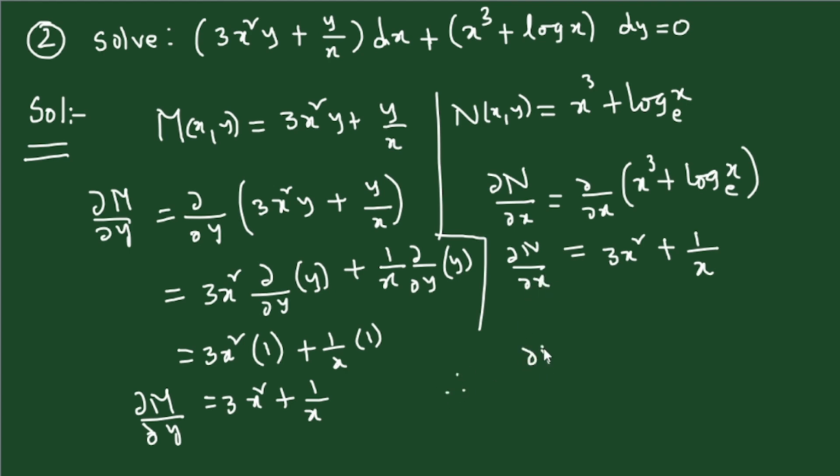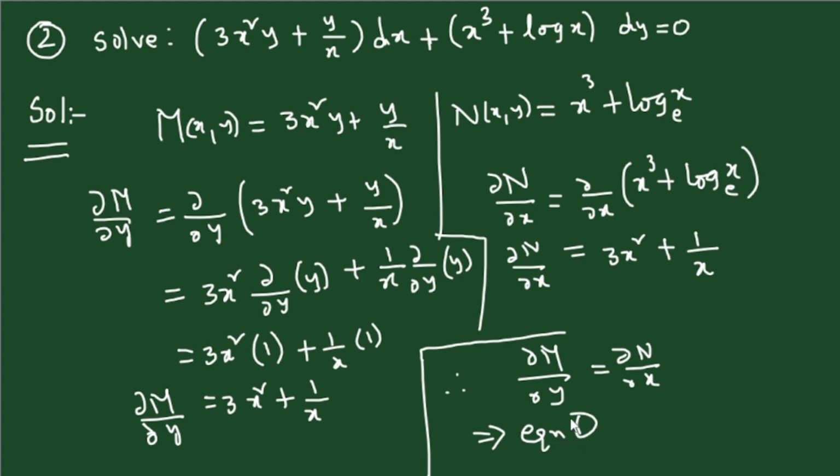Therefore dou M by dou y is equal to dou N by dou x. Name it as equation 1. Equation 1 is an exact differential equation.